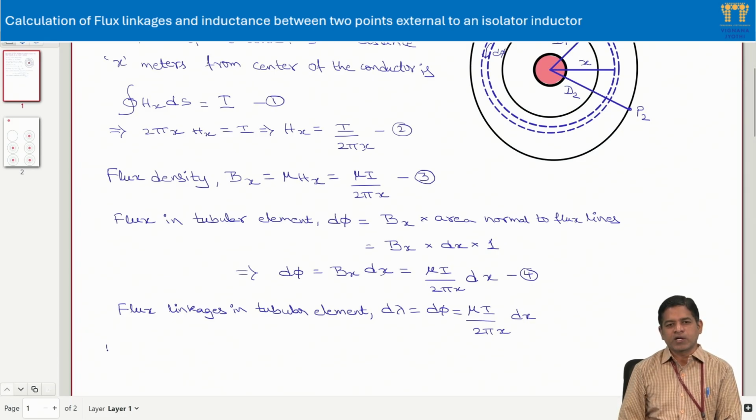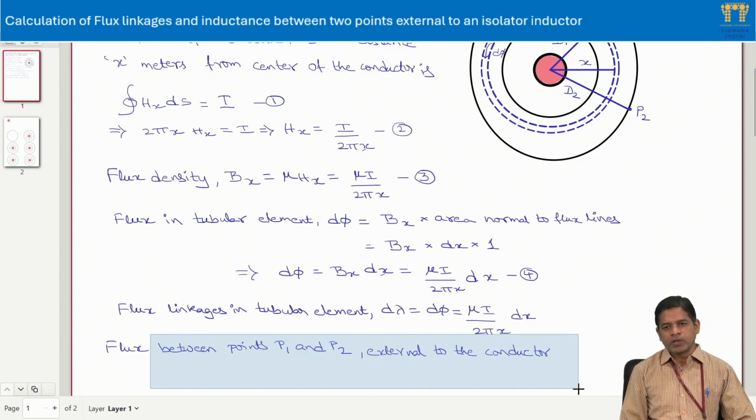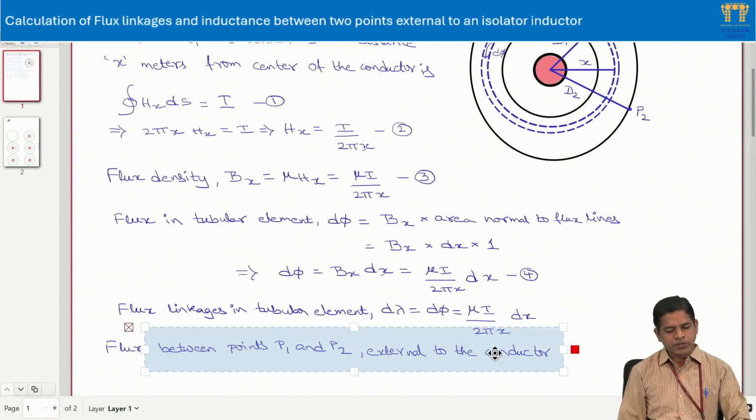Now if I want flux between points P1 and P2 which are external to the conductor, or rather say I would like to calculate, instead of flux, let me calculate the flux linkages between these 2 points.